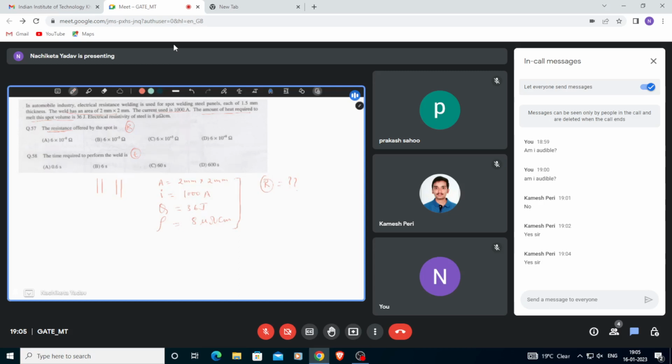So here we know resistance R equals rho L by A. For the length, we see this is 1.5 mm, two different steel plates. Rho, the electrical resistivity, is given as 8 micro ohm, so let us change it into ohm centimeter.